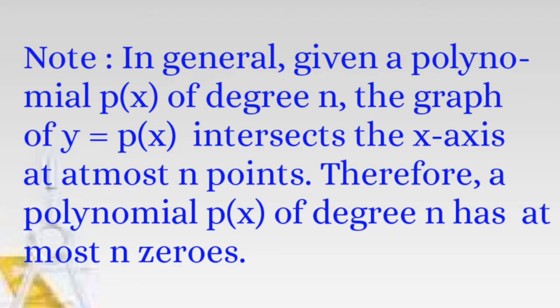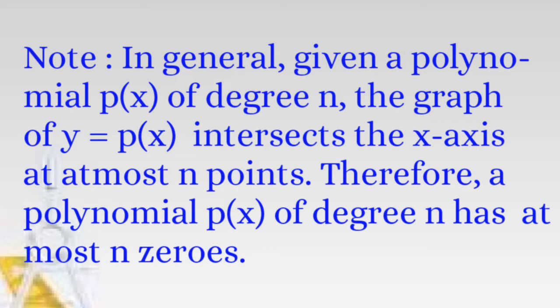So in general, for a given polynomial p of x of degree n, the graph of y equal to p of x intersects the x-axis at most n points, that is maximum n points.